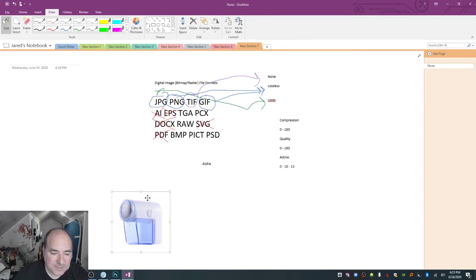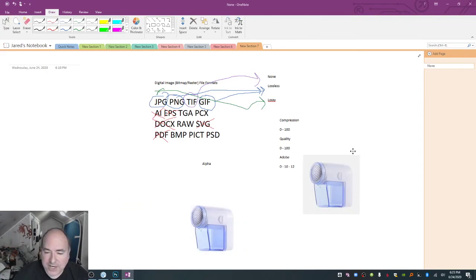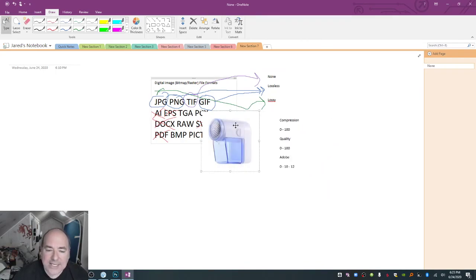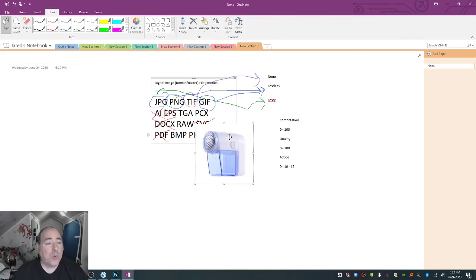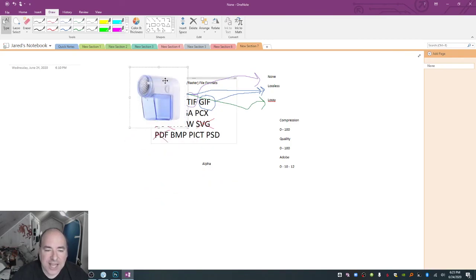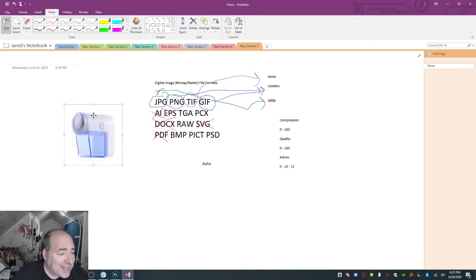If I were to take my sweater shaver and put it over here, what you're going to notice is that the white in the sweater shaver is opaque. Do you see that? I've got this sweater shaver and this white field, and it's actually overlapping things and it's not making things good. That's because this was saved as a JPEG.